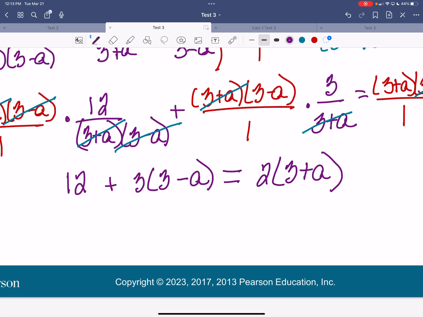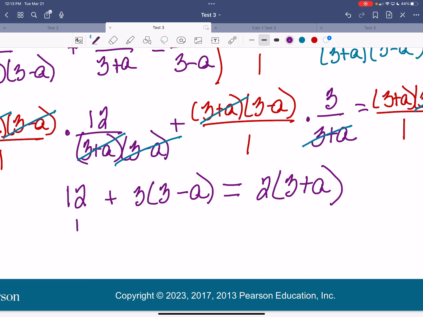So let's distribute our 3. I've got 12 plus 3 times 3 is 9, minus 3a. Then I've got 2 times 3 is 6, 2 times a is 2a. 12 plus 9 is 21.